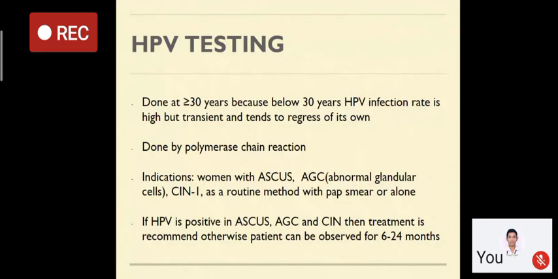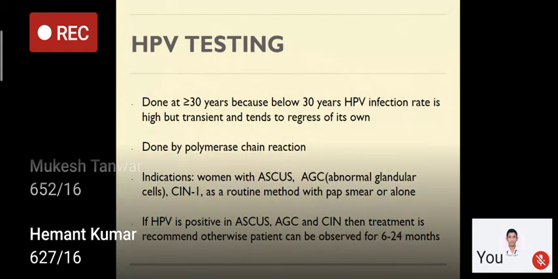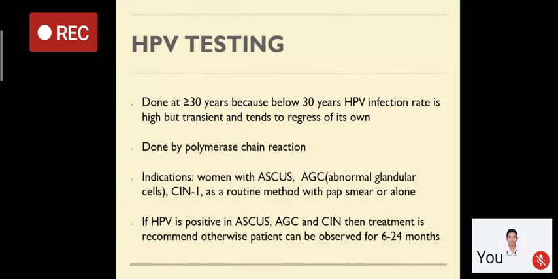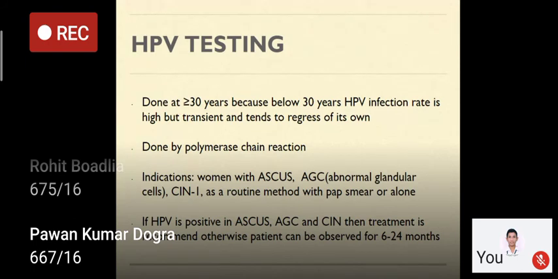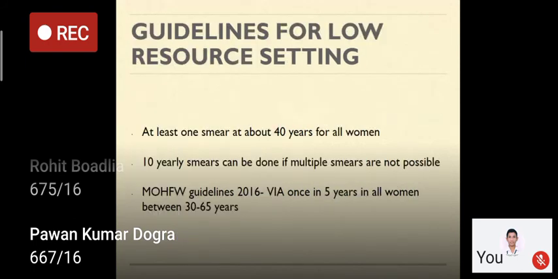Otherwise, the patient can be observed for 6 to 24 months. If HPV is present, the patient has to be followed up to see whether the HPV disappears on its own, or progresses to further stages of CIN 1, 2, or 3, which need to be tested.